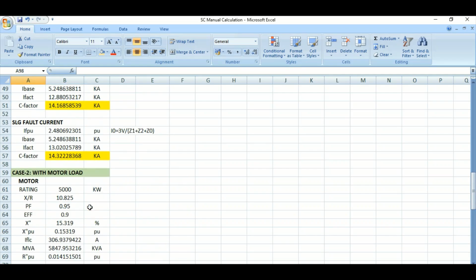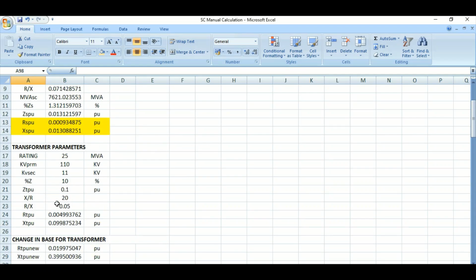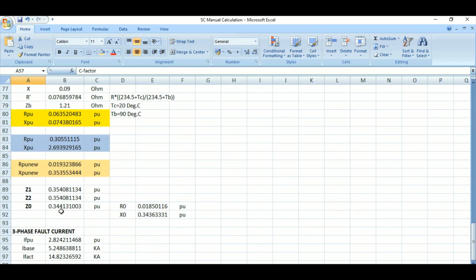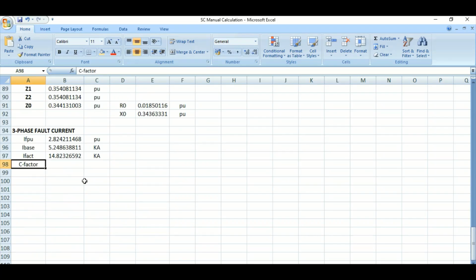Why? Because, as we also did in our previous video, we need to consider the C factor as 1.1. So we need to multiply with this C factor, the same thing: 1.1 multiplied by this value.